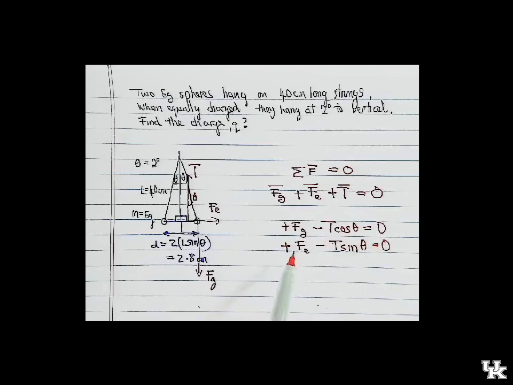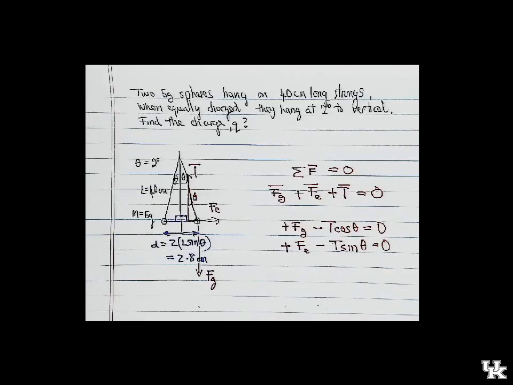In the horizontal direction, we've got electric force towards the right, that's the plus sign, and then a component of tension, T sine theta, towards the left. That's the reason for the minus sign, and those add up to 0. And so that's my implementation, my understanding that these forces in equilibrium are vectors, and I'm putting that understanding of them being vectors into the equation.